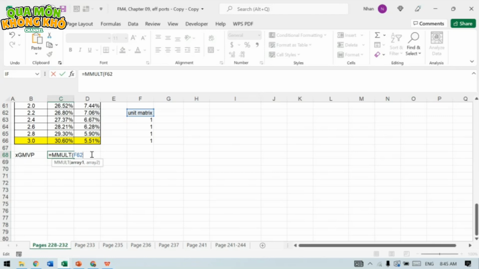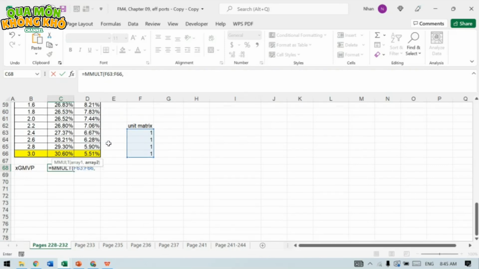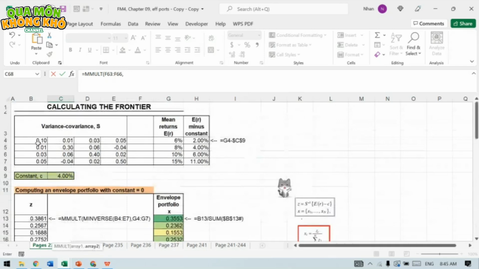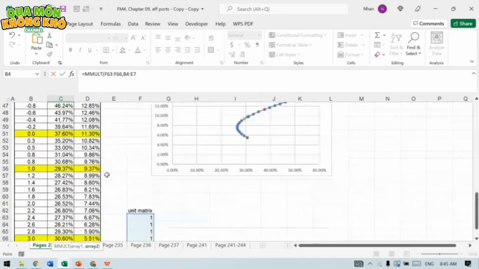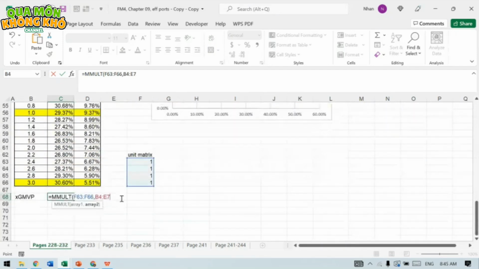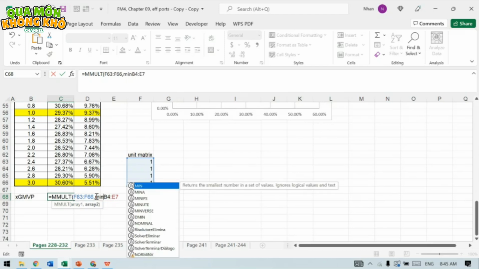And you can use the transpose function to transpose the unit matrix on the columns to the unit matrix on row. And I will remind you the basic principle in matrix multiplication: you always start with the row matrix, not the column matrix.